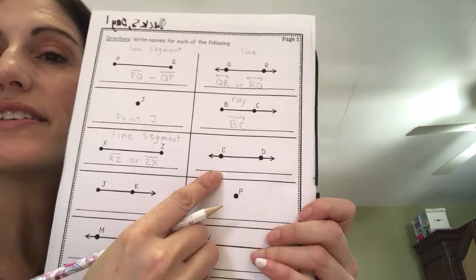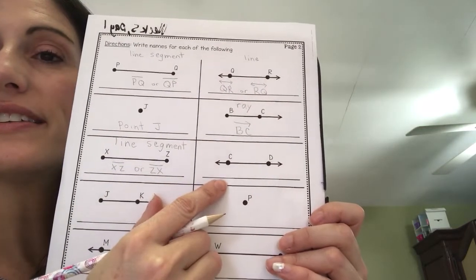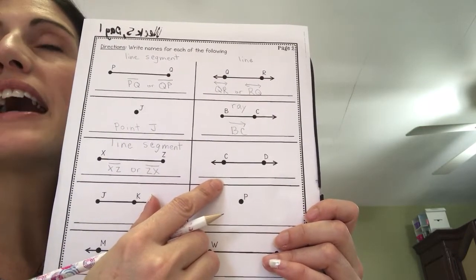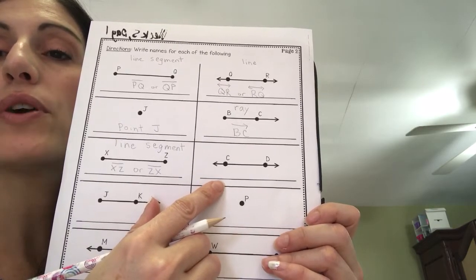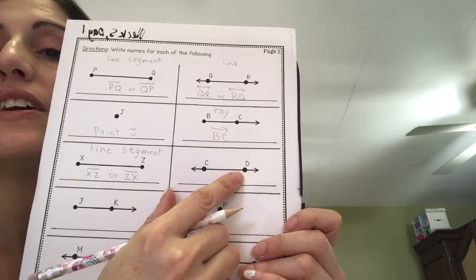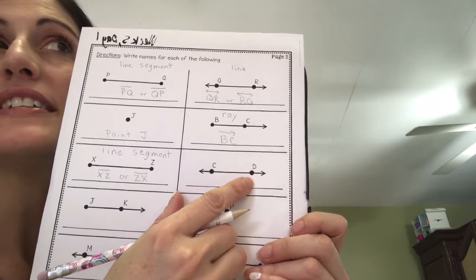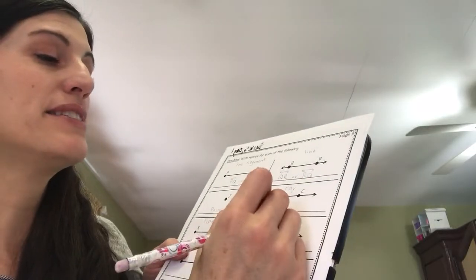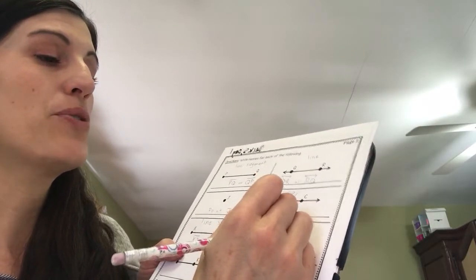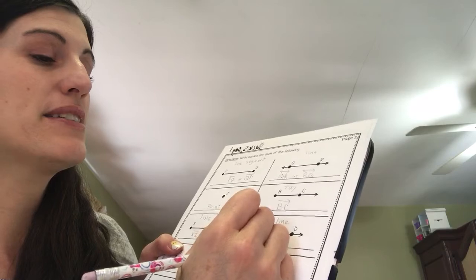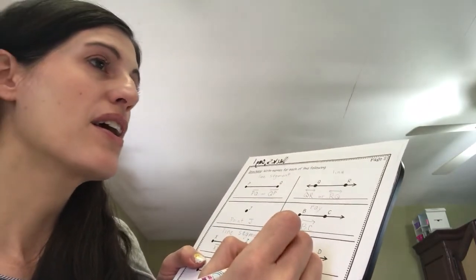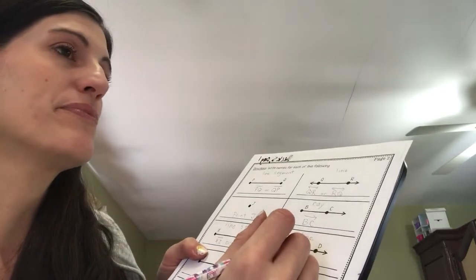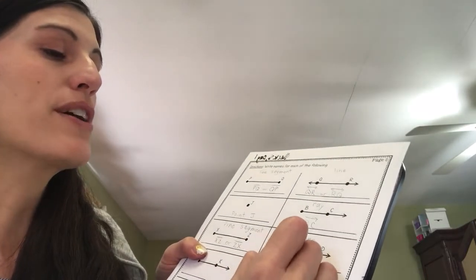Let's look at this one. This one is a line. Good. And it can be written both ways. CD or DC. So you could write that line both ways.